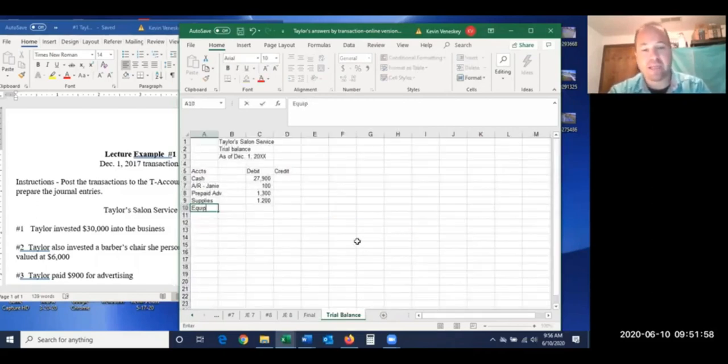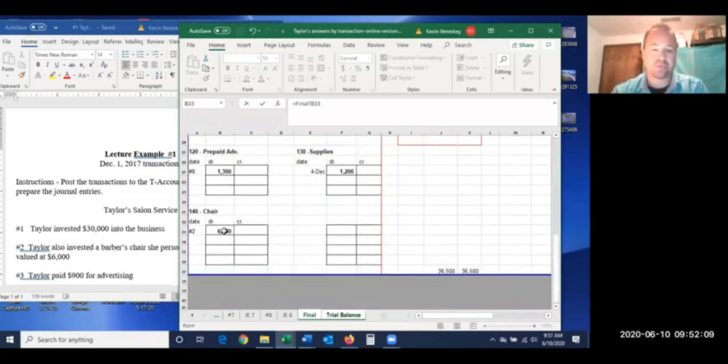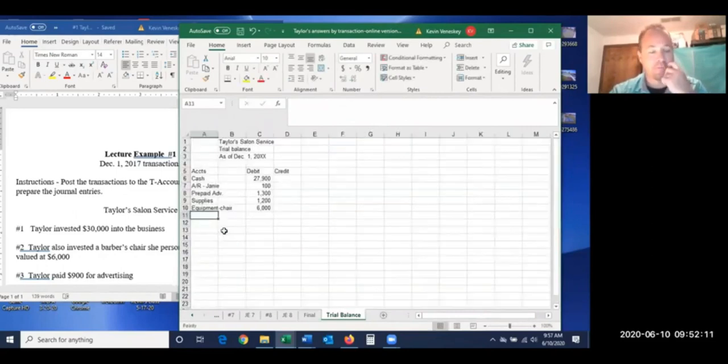And then finally, my last asset account, my long-term one, was the equipment, 6,000. Typically, you don't necessarily space here, but I like it to be easy to read. I like the trial balance to keep things in their separate areas.